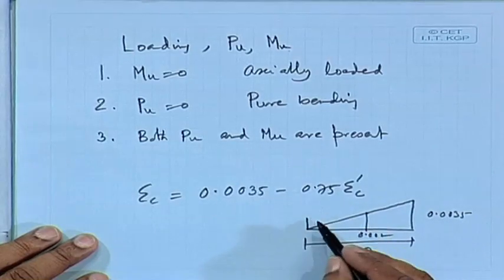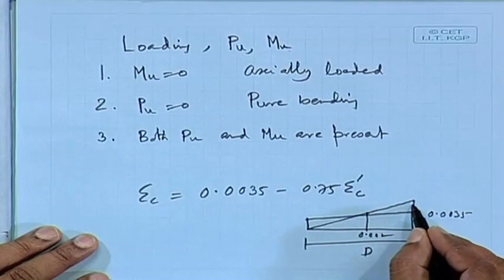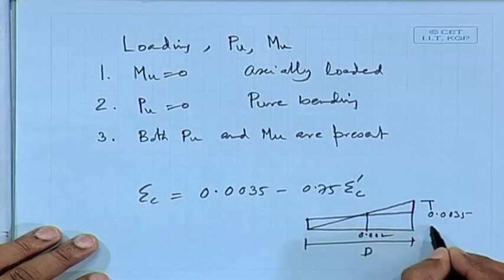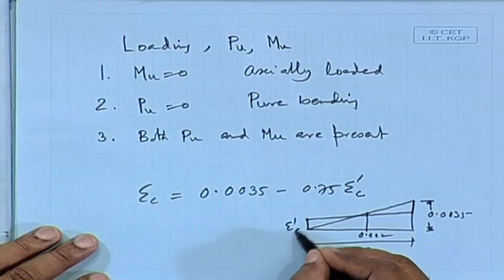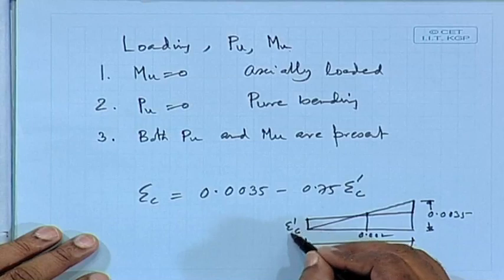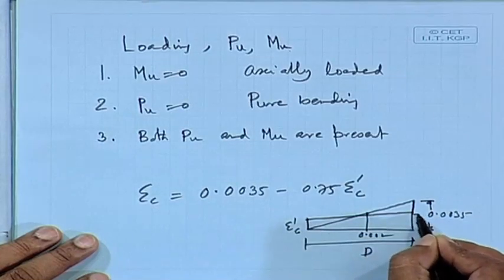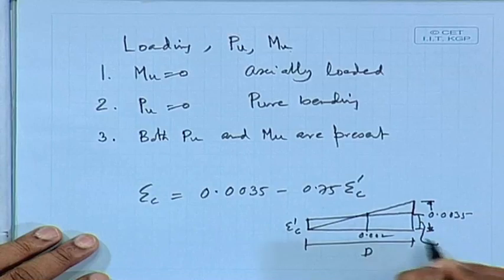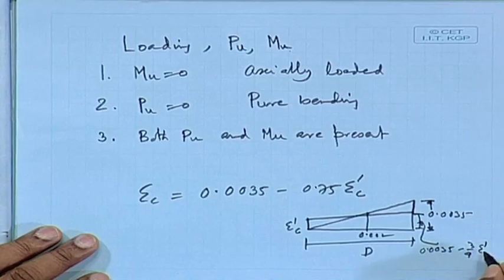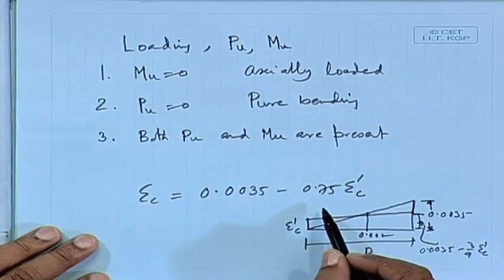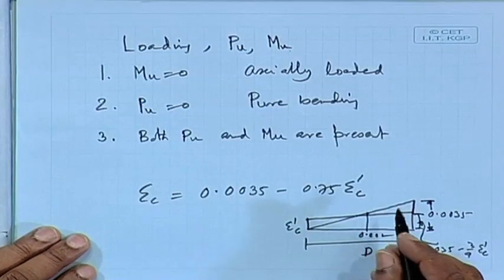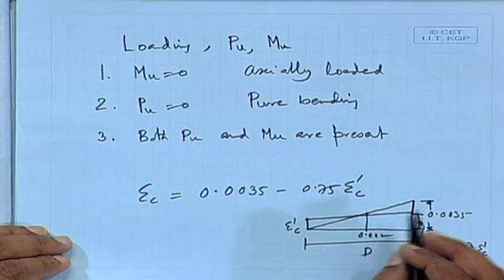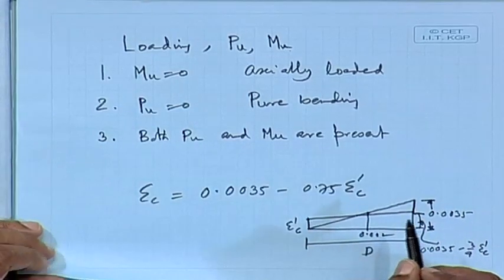So, I can say 0.0035 is the total, and 0.0035 minus 3/4 of epsilon dash c will give me this value. This curve is required to find out the strain as well as the stress. So, we can find out the strain and then we can find out the stress.